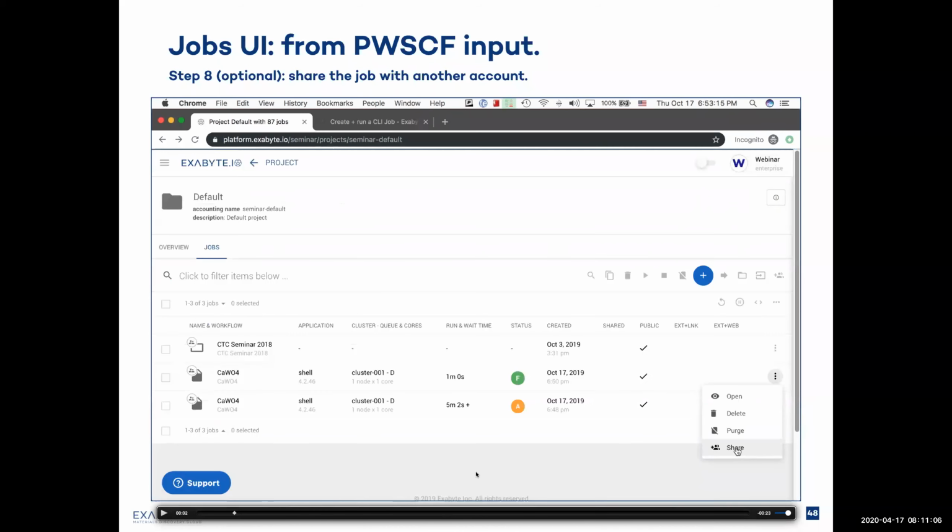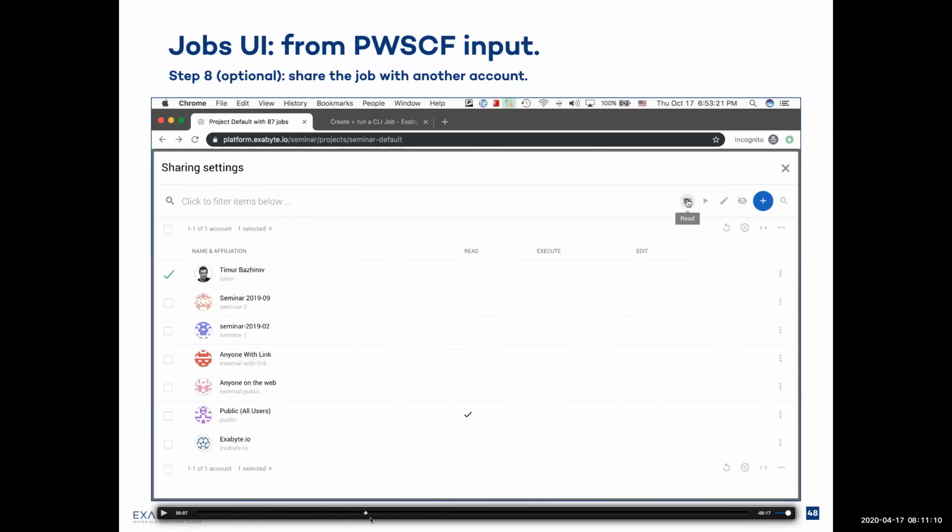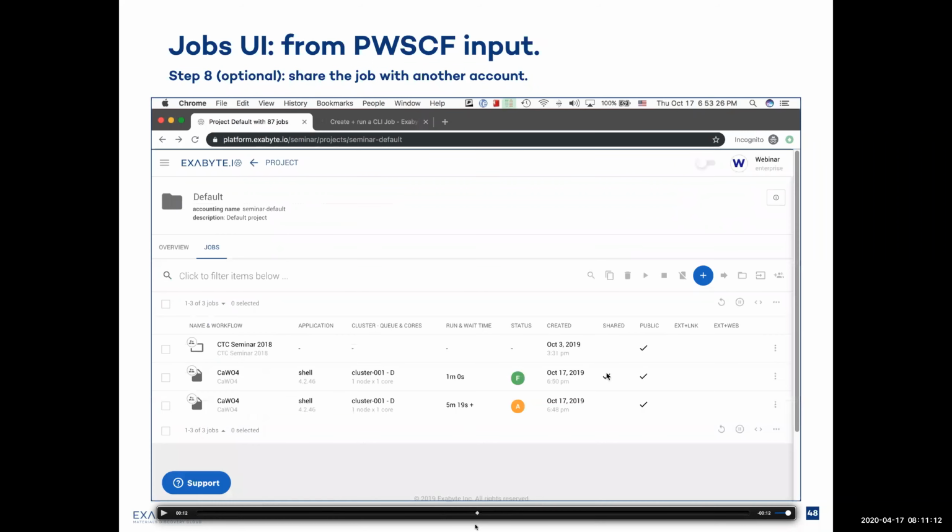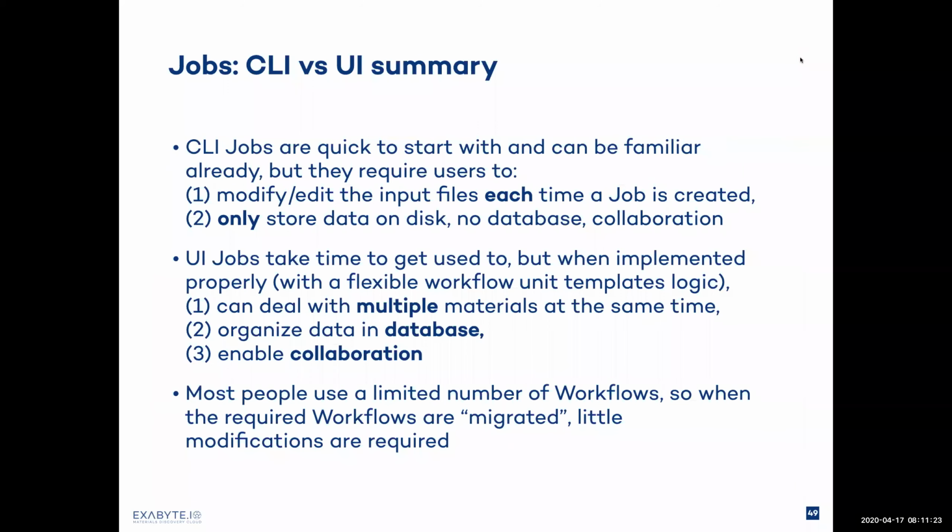So when we started, there was no checkmark under shared, and now there is, which means that this job is directly shared with another account. Okay, I will demonstrate how to access the shared with me tab in a moment.